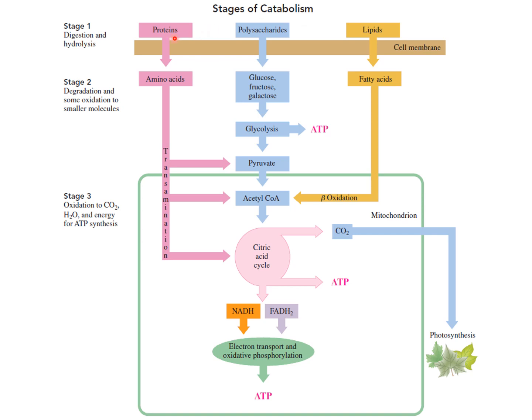As you can see, these are the different biomolecules in the body. We have the proteins, the polysaccharides, and the lipids. They have different pathways, of course. Proteins should be broken down into their building block units, the amino acids, their simplest form.